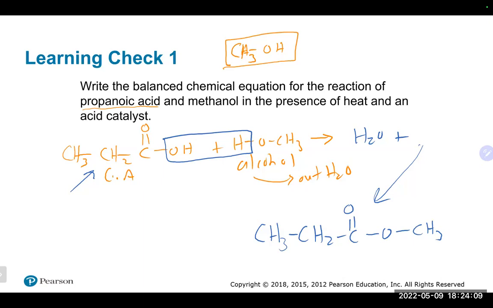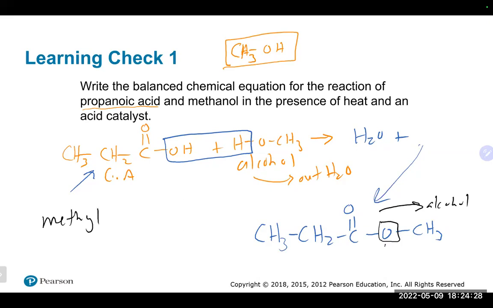Now, in terms of naming this, once again, we would look at this oxygen as our starting point. Going away from the double bond will give us our alcohol, and that is the first part of the name. That's just 1 carbon, which would be a methyl group.